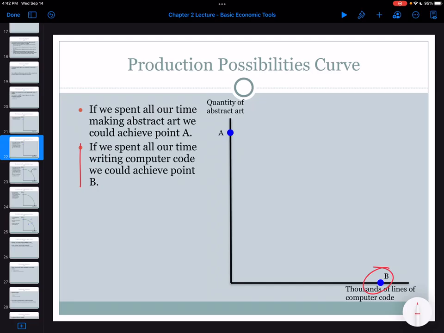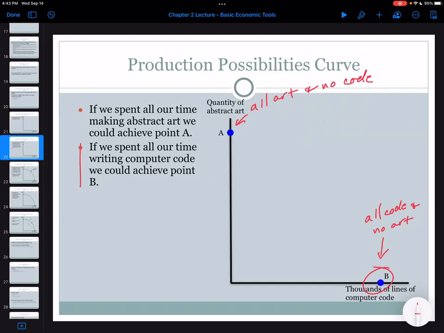This is the most we could do. So at point A, we have all art and no code, and at point B, we have all code and no art.